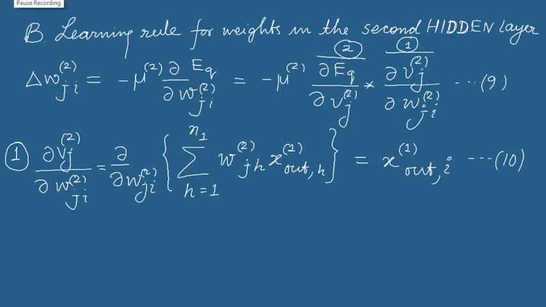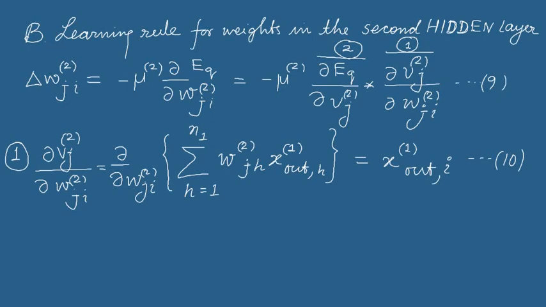So we have seen that we are interested in deriving this delta Wji, and as we are going for the second layer, a hidden layer, we'll be using superscript 2. As we have seen earlier, any delta Wji is going to use the method of steepest descent.